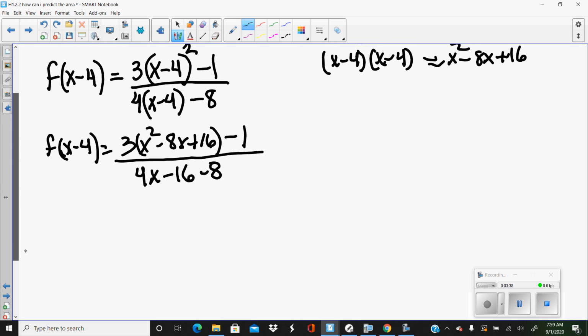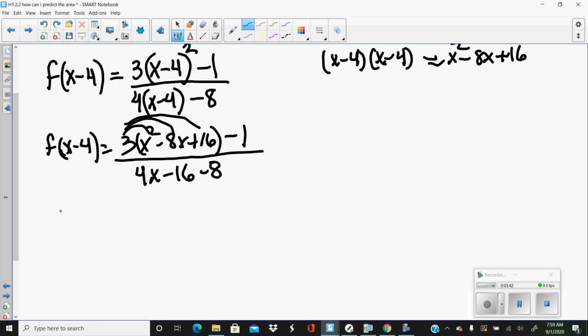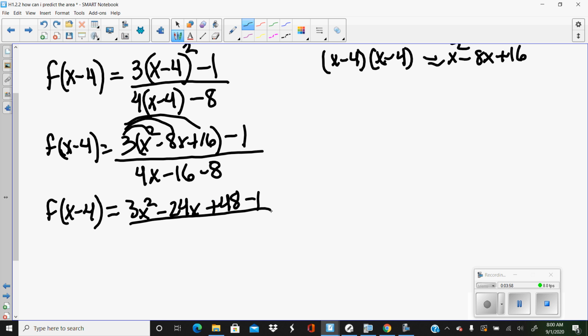Okay, continuing to simplify, I'm going to distribute my 3. Order of operations is so very important here, so please pay attention to the order. Order is important, it does matter. Equals 3x squared when I distribute minus 24x plus 48 minus 1. That minus 1 is still hanging out there. Okay, and then down here, I do have some like terms I can combine.